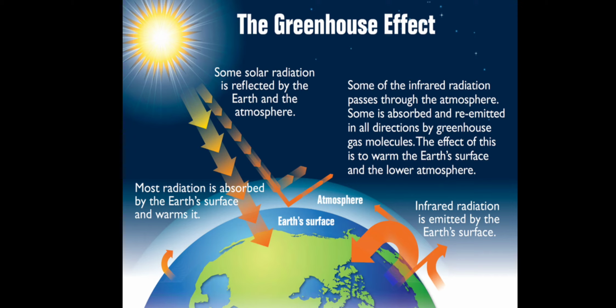The effect of this is to warm the Earth's surface and the lower atmosphere. Most radiation is absorbed by the Earth's surface and warms it. The infrared radiation is emitted by the Earth's surface. So, because of the greenhouse effect or global warming, it makes the atmosphere of the Earth warmer.